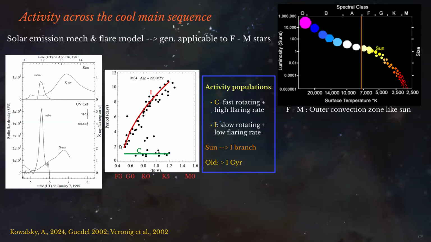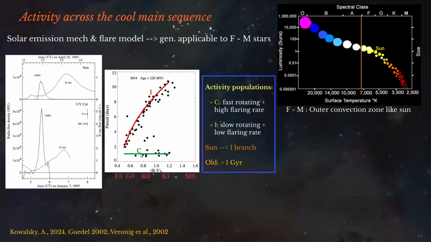Here we plot rotation period versus the surface temperature of the star, with the color B minus V as a proxy for surface temperature. It moves from F to M dwarfs, spanning about 7,500 to 2,500 Kelvin, so you can think of this as going to cooler and cooler stars.